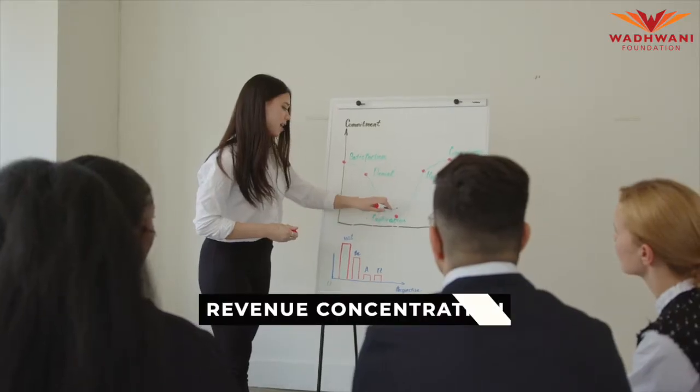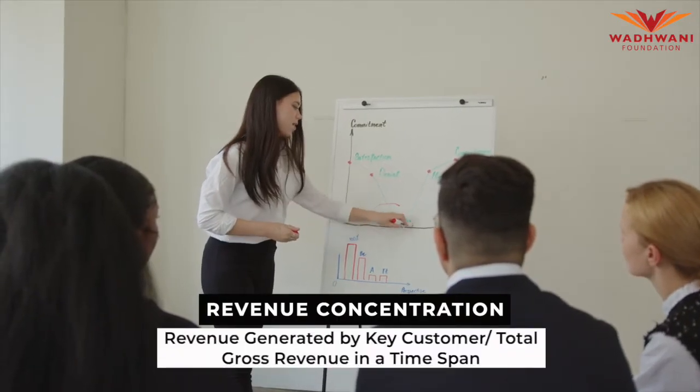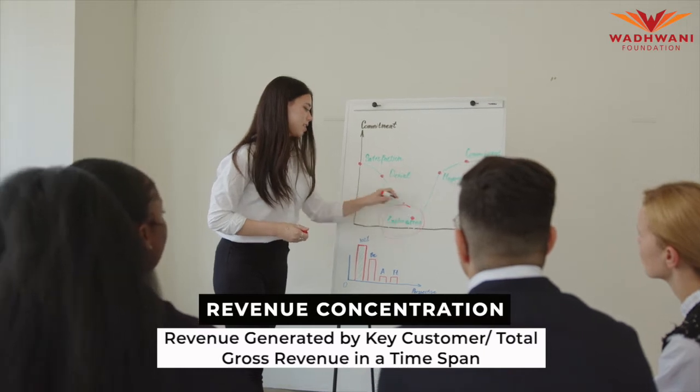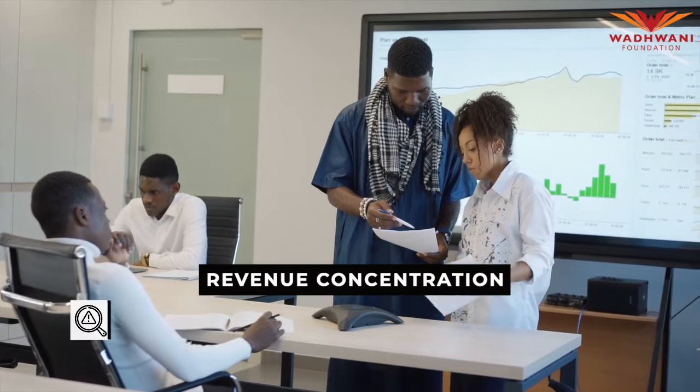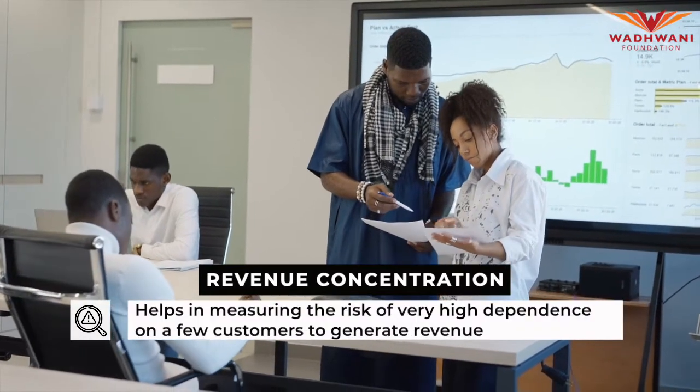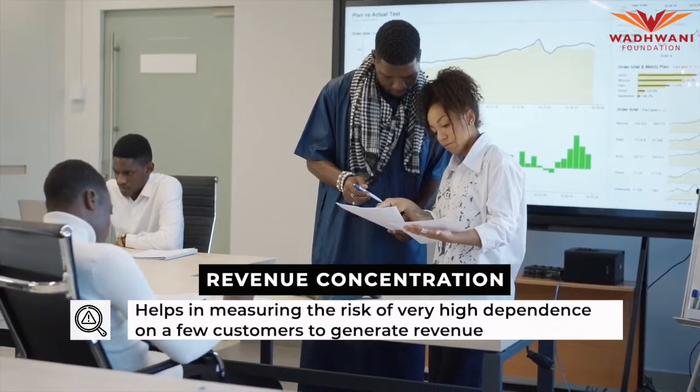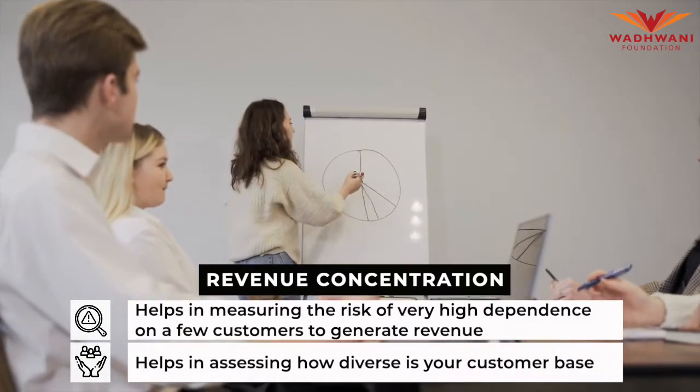We are using top 5 as a reference in this tool, but you can look at top 3 or top 1 customer, and you can decide whether you have a risk of high revenue concentration. What it measures is whether you are too dependent on one customer, or on a few customers, to generate revenue.